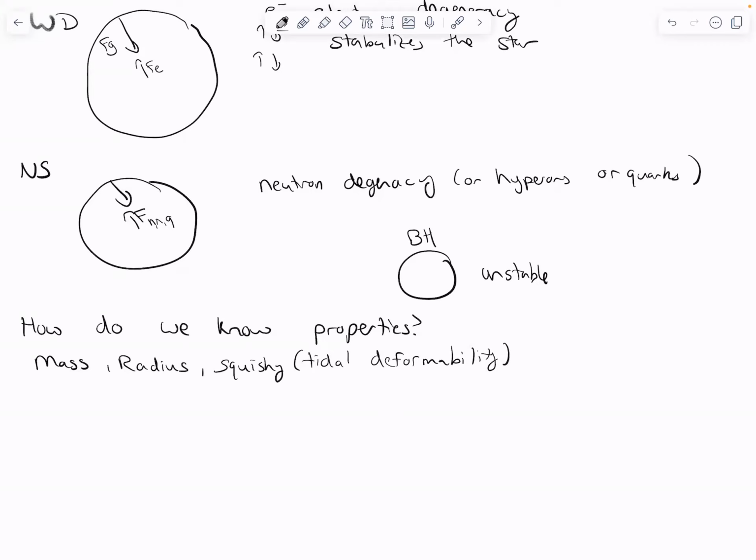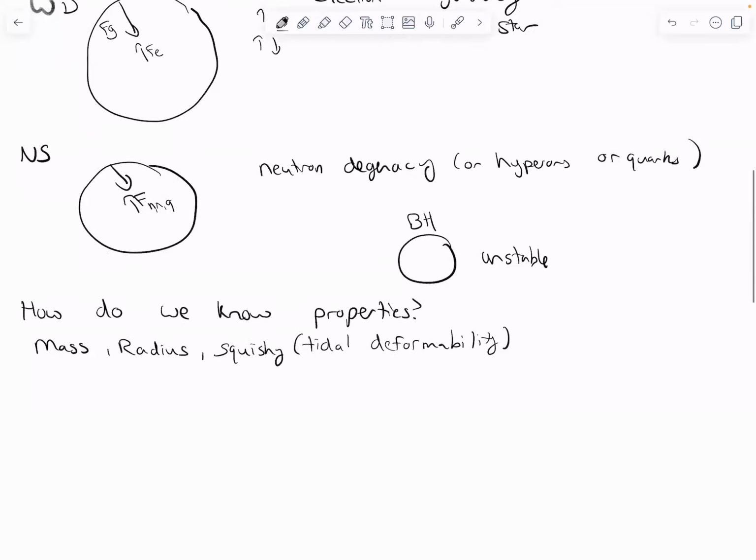But for the time being, we can ignore stuff like GR. We can think of complete Newtonian gravity and try to understand the properties of the star from a more simplistic picture.